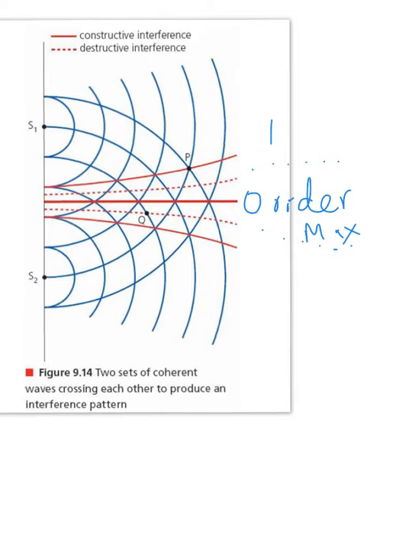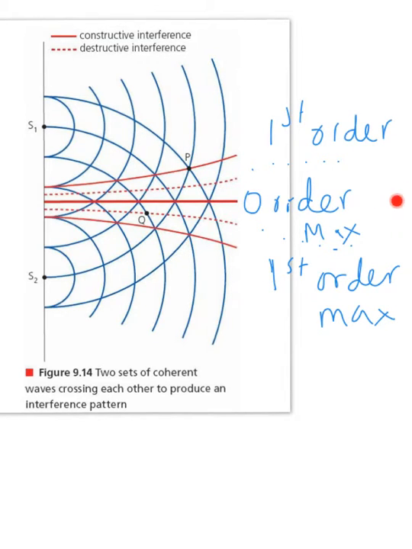And then the next would be your first order maxima on both or either side. So in the center, this is how you label these correctly. You have your 0 order maxima, and then you have your first, and etc. You would have your second, third, and these would be on either side.